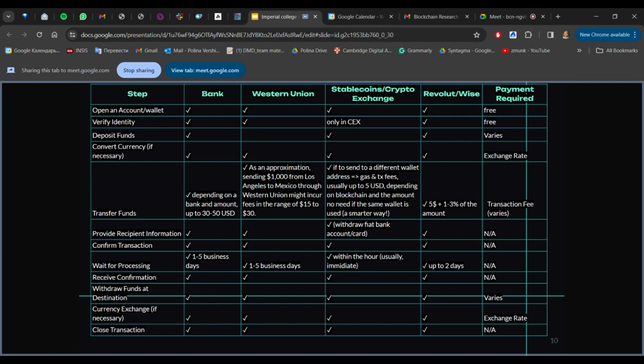And as you can see, a lot of steps. Of course, stablecoins and DeFi don't eliminate all of them, but still it seems that there is an opportunity for better, easier transactions, and again, they seem definitely cheaper.